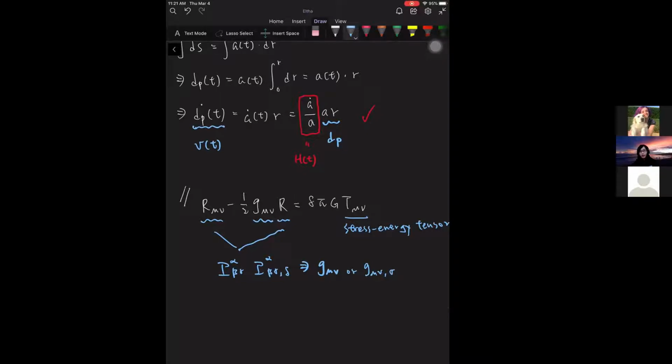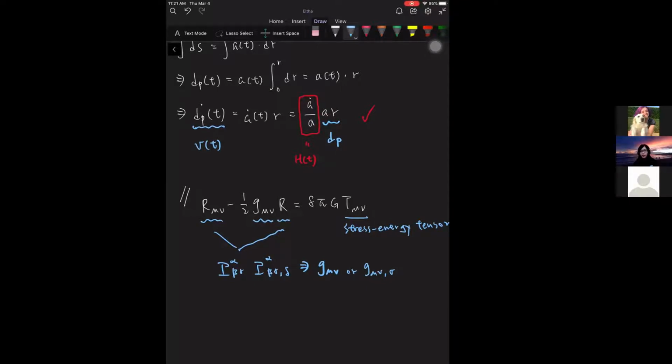If you calculate the Riemann curvature tensor, then you will get many terms of the spacetime metric. The spacetime metric is related with the a dot and with the scale factor term.